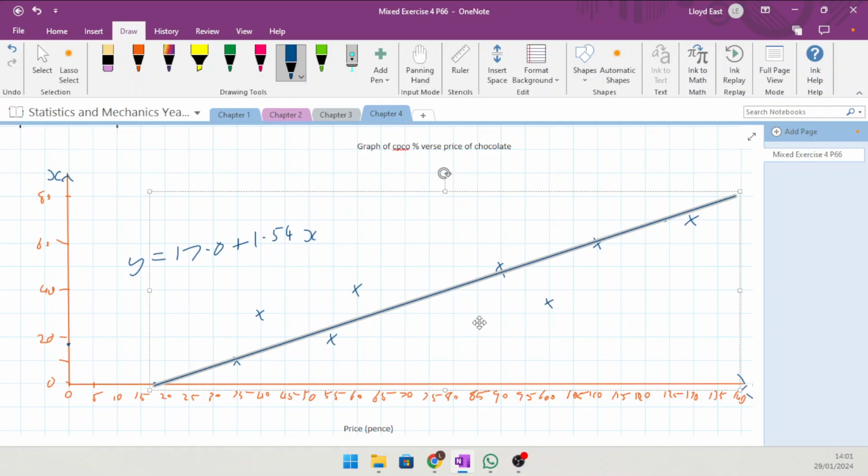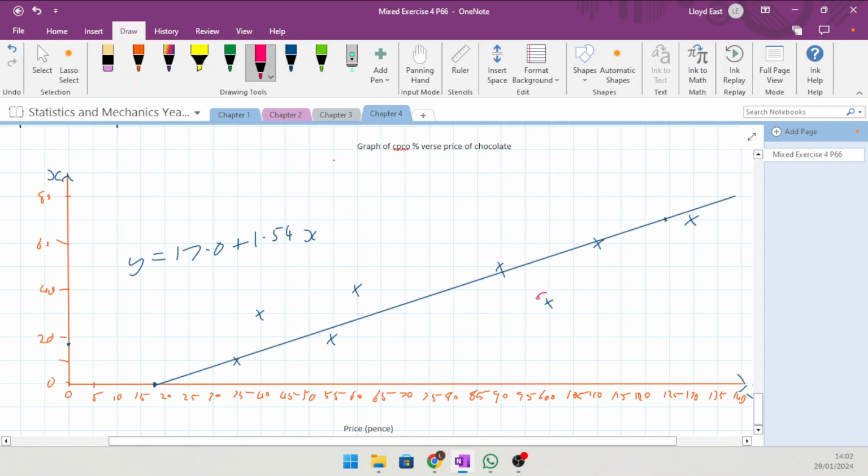The student believes that one brand of chocolate is overpriced. Use the regression line to suggest a fair price for this brand. So, what appears to be overpriced? I would suggest that this one here is the overpriced one.